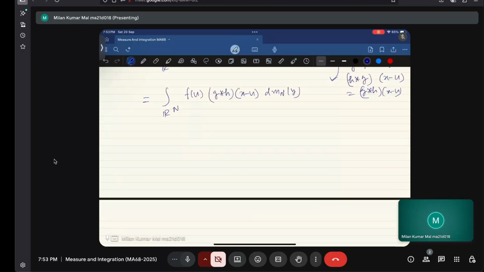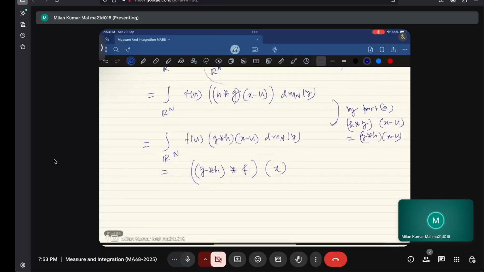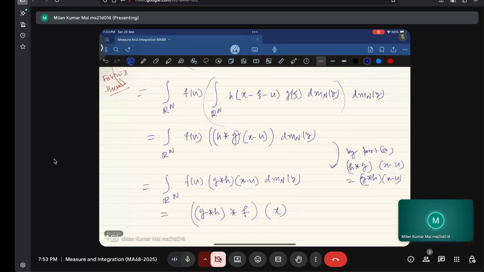now this can be given as g star h star f at the point x, right? Okay, sorry, why did this y come? This will be u now.